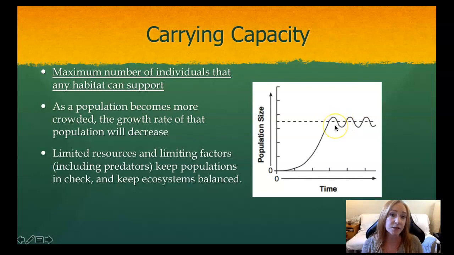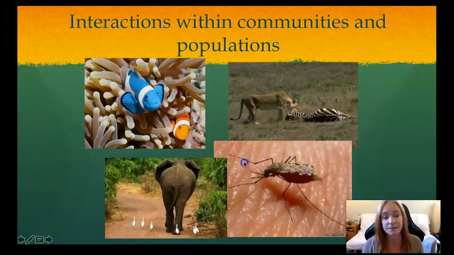This is true for every population of organisms in a habitat, and when you overlap them, you see how they reflect on each other. Limited resources like food, shelter, and mates, limiting factors like disease and natural disasters, and predators all work together to keep this line as an average carrying capacity for any given population. This all keeps an ecosystem balanced.